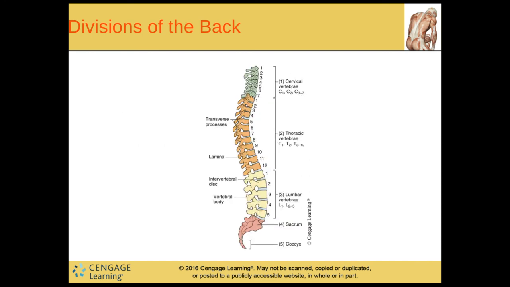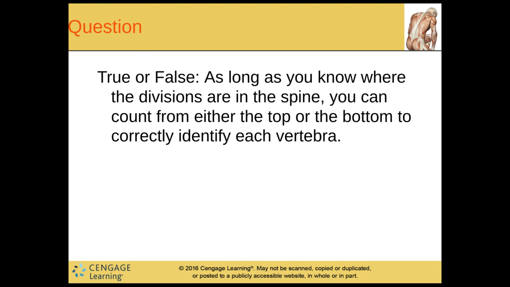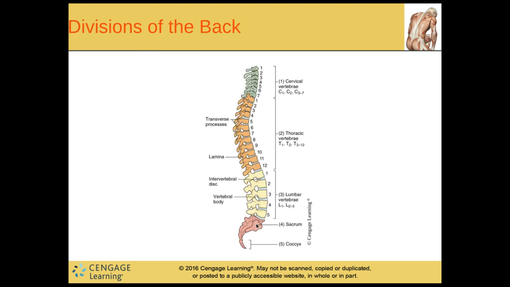So here's a little diagram of that. Here's the cervical vertebrae, which keep your head in place, right? The thoracic vertebrae, and then the lumbar vertebrae, and then this is your sacrum and your coccyx, right? So this is a vertebral body. That's the bony part of your vertebrae.